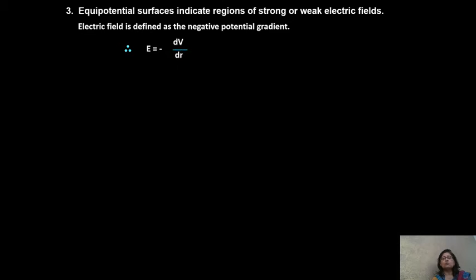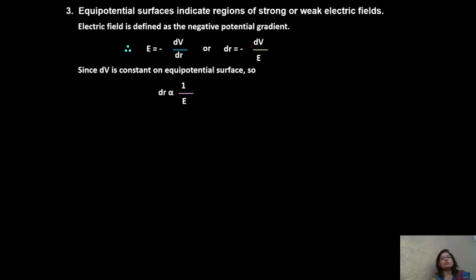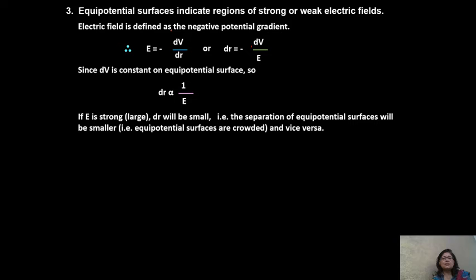It means E equals minus dV upon dr, or dr equals dV upon E. If dV is constant, then dr is inversely proportional to electric field. So we can say if E is stronger, then dr will be smaller.